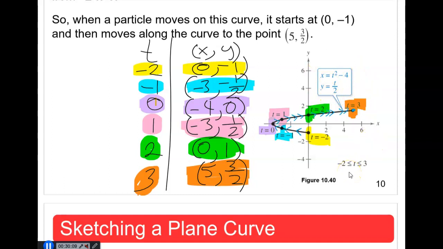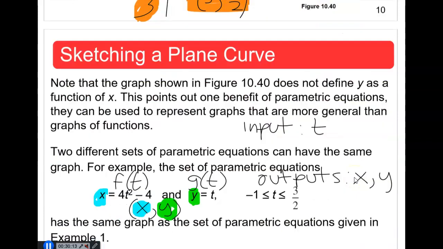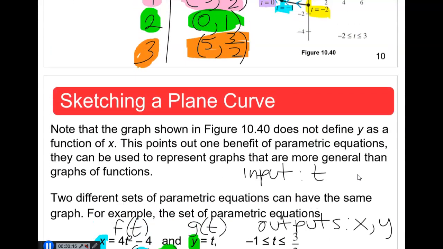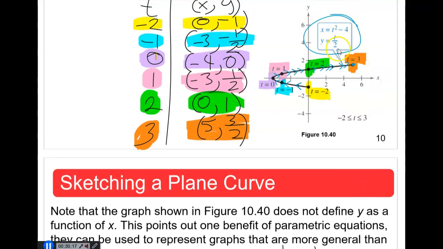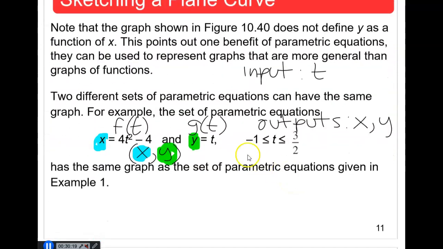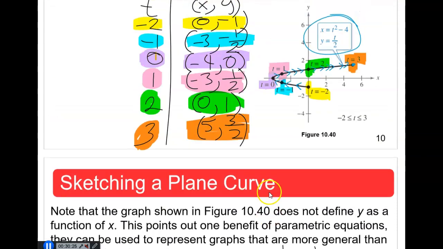And if we were to modify them a little bit, we could in fact find a different set of equations that will give us the exact same graph.